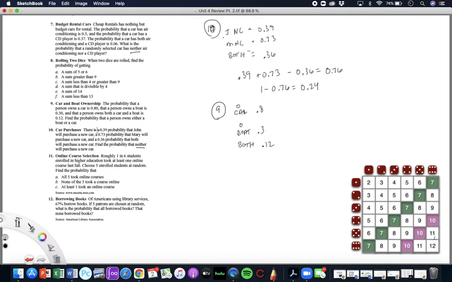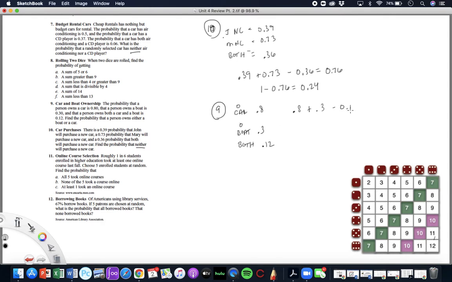Okay, so if we look at this one here, find the probability that a person owns either a boat or a car. So unlike the previous ones like number 7 and number 10 we just did, it's just asking what's the probability that they own either of these. All right, so we got that they can own a car. Whoop, sorry, got a leaky pen here. Hold on, let me get all fixed up. We got 0.8, so they own a car. I got the idea that they own a boat, but I do want to subtract the idea of the people who own both because it's covered in both circumstances.